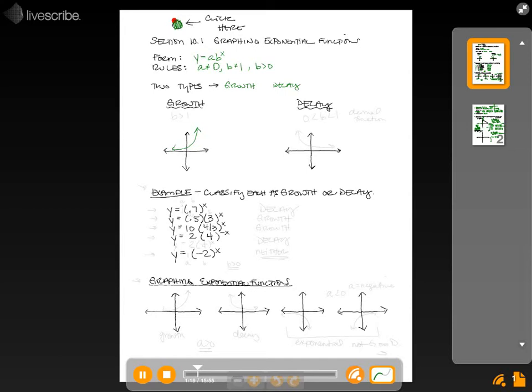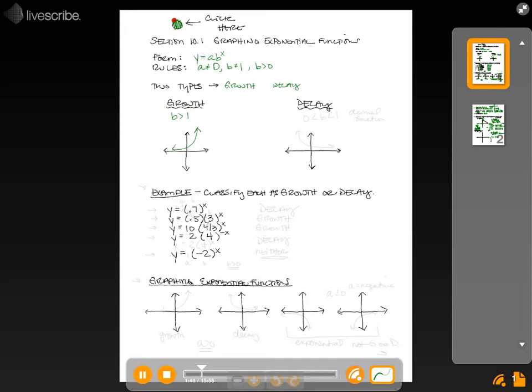Okay? Now what you want to look for in a growth exponential problem is that b is greater than 1. Remember b has to be positive and it can't be 1. So if b is greater than 1 in your form, that means it's an exponential growth problem.